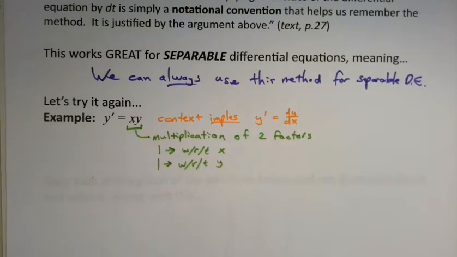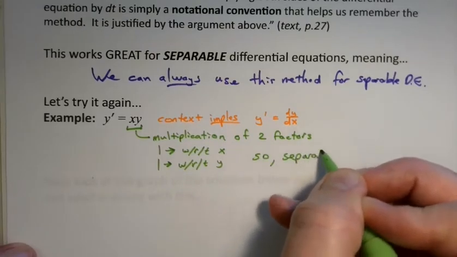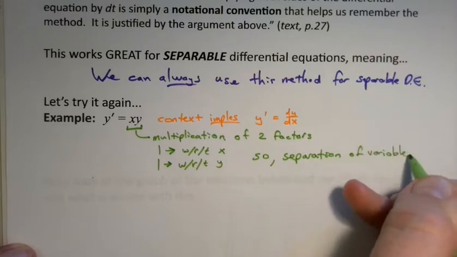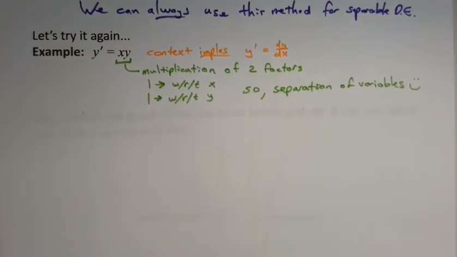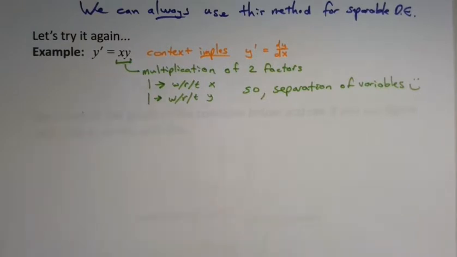So that means that we can use our separation of variables. Yay! And by the way, at this point in time, if we couldn't do separation of variables, we're just dead in the water. So let's see where this leads us.